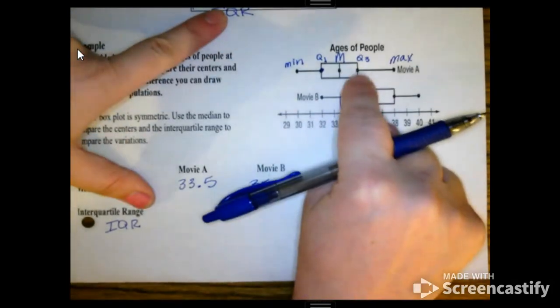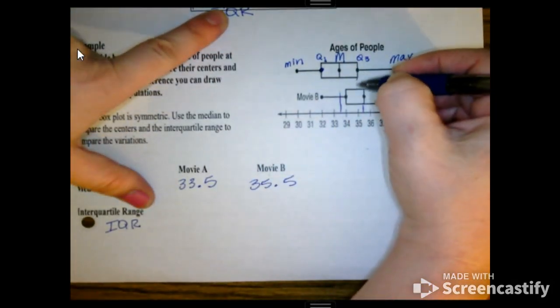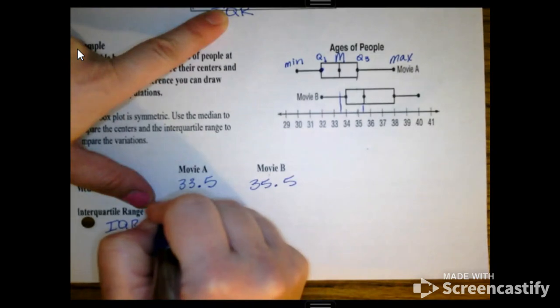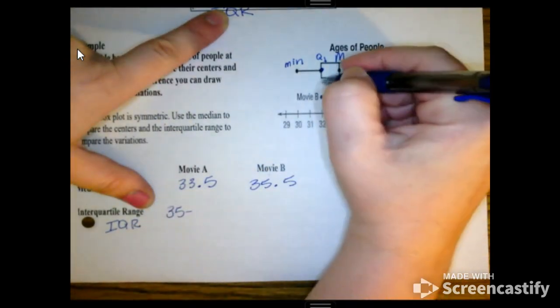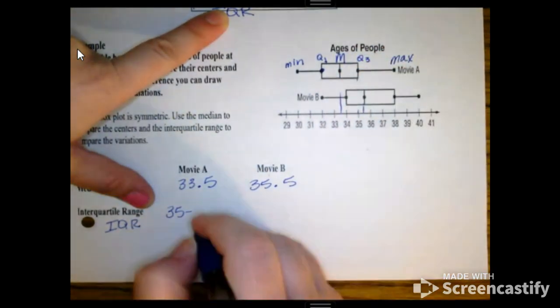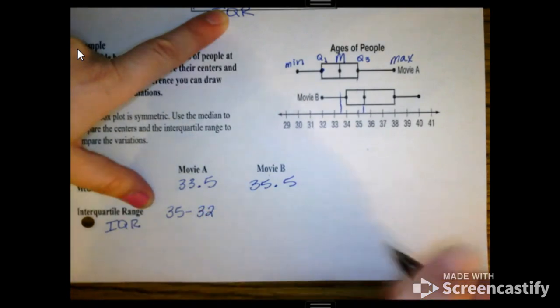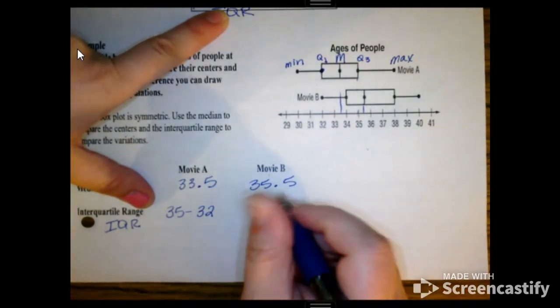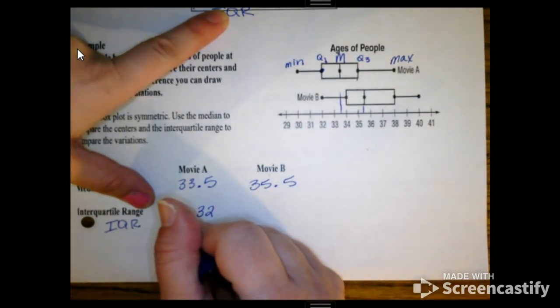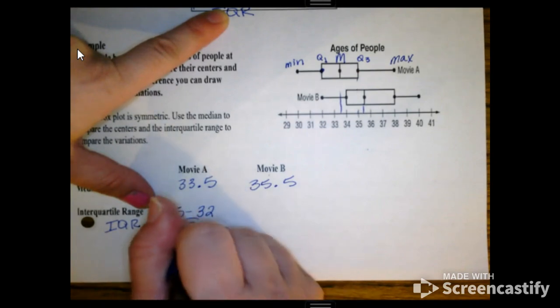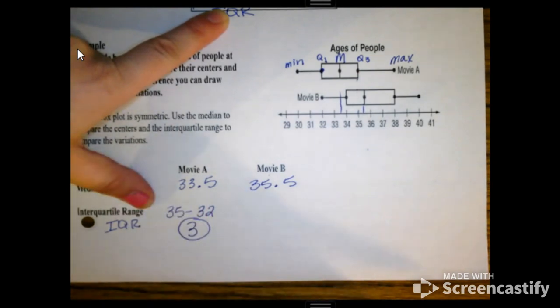What is my Q3 on movie A? 35. What is my Q1 on movie A? 32. So what is 35 minus 32? 3. That is my IQR for movie A.